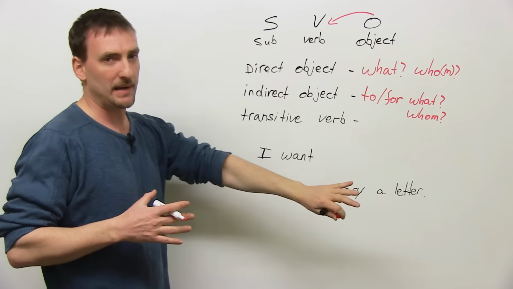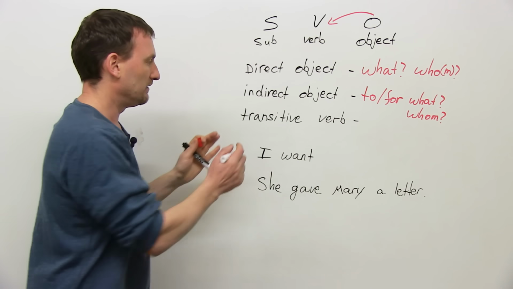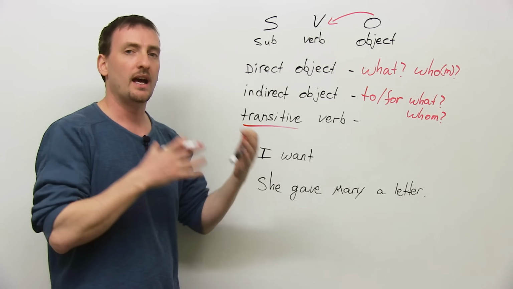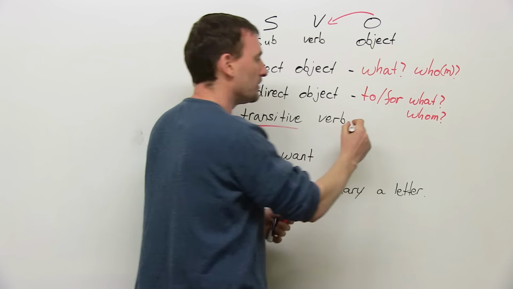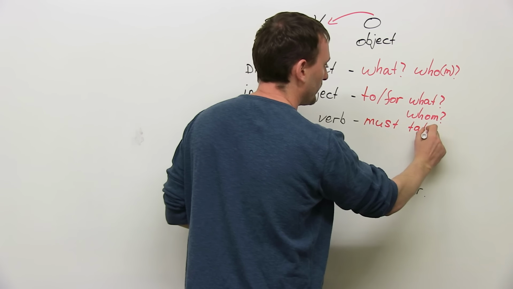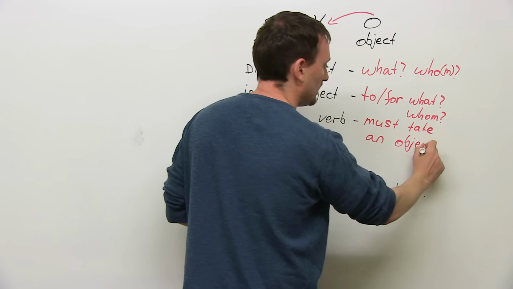Now, again, before I get back to the object, let me explain this word, transitive verb. I don't care if you remember this word or not, it's not important, that's just a grammar word. Understand the meaning of this situation. A transitive verb must take an object, a direct object. Okay?